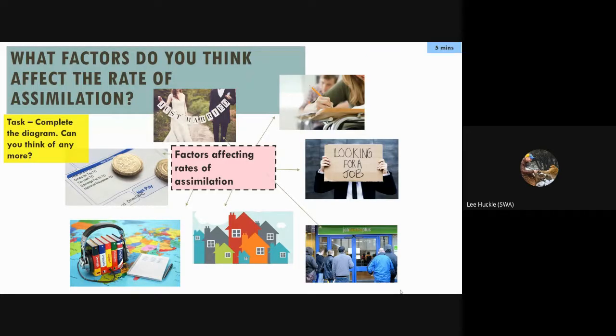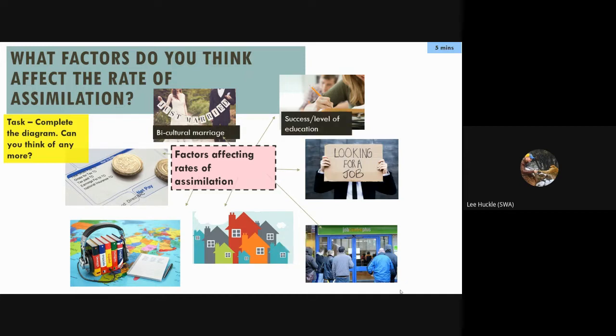We then rounded off this particular lesson looking at the factors affecting the rates of assimilation. So when migrants come to a country, what are the biggest factors affecting how, when, and if they assimilate?